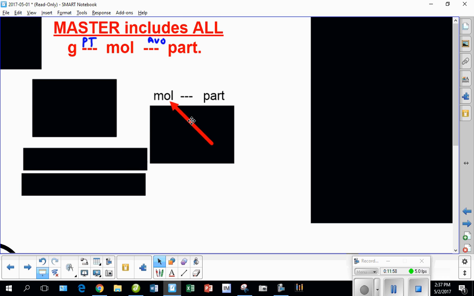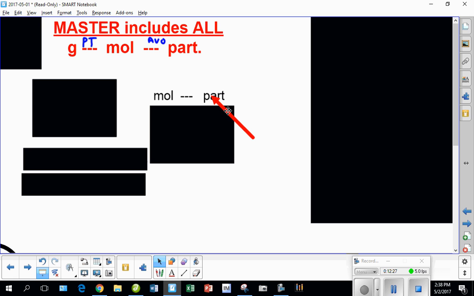Now we're going to do moles as the given. Johannes, are we in AVO territory or periodic table territory? AVO territory. Excellent. What has to be on the bottom so that we can get particles on the top? Very good. And what's the number going to be on the top?